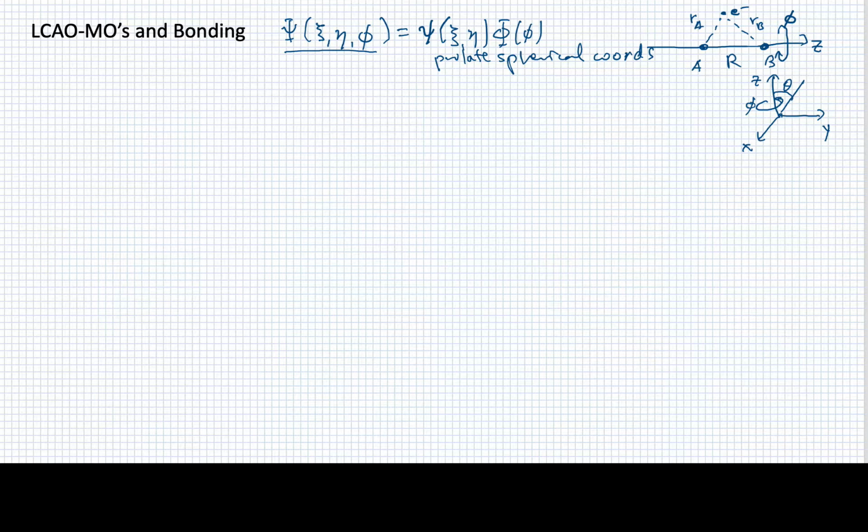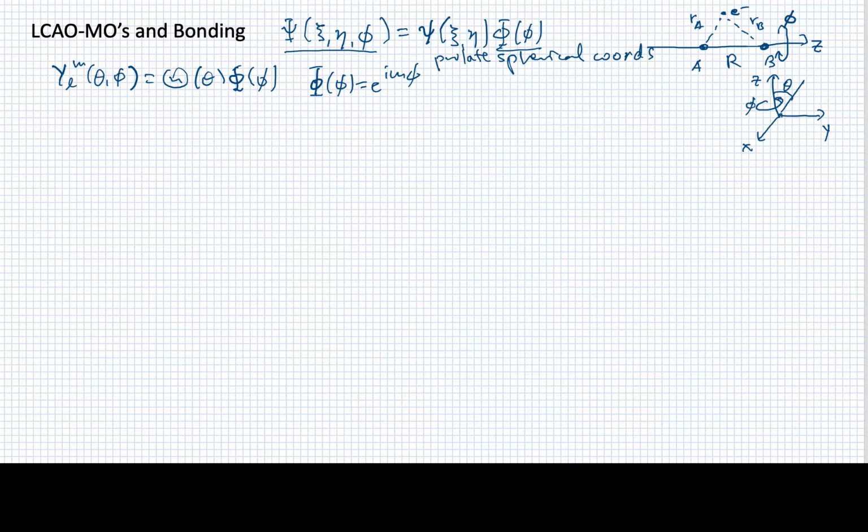Now it turns out that the form of this wave function is actually exactly the same as we found for spherical harmonics. So you may recall in spherical harmonics, we basically had a part that was dependent upon theta and a part that was dependent upon phi. And the part on phi looked like e to the i m phi, where m was an integer.